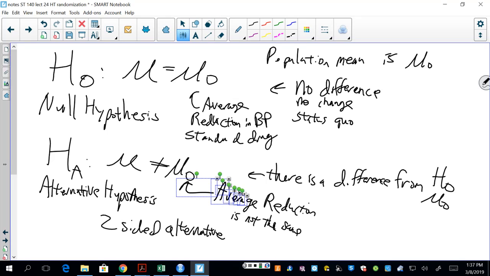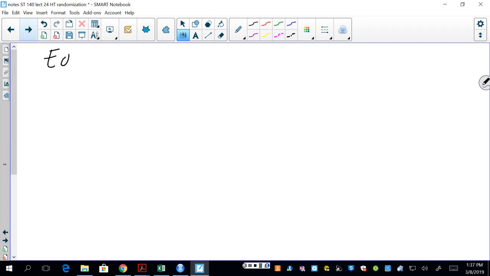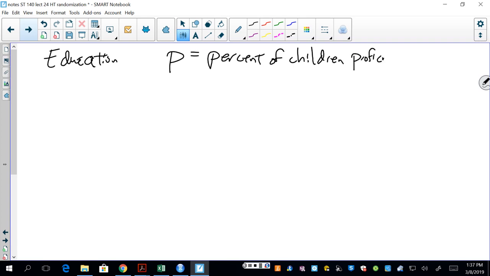But this kind of setup of hypotheses can apply to a whole number of situations, and it's in the context of the thing you're studying. So let's say we're in the study of education. Let's say P is a parameter that is the percent of children who are proficient at their reading level they're supposed to be at for their age.